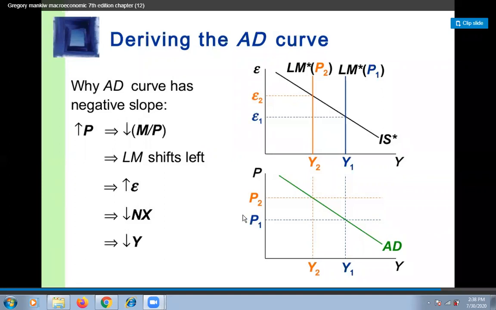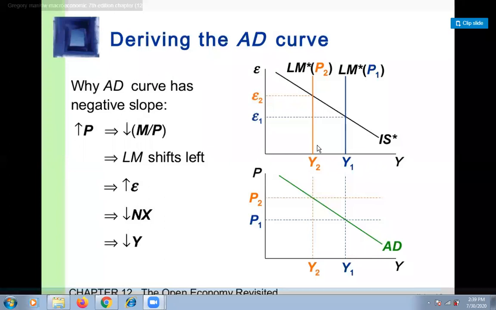Please see here, P1 to P2. As the price level increases, the exchange rate increases and net export decreases. Finally, the income level decreases due to decreased net export. As a result, aggregate demand decreases.